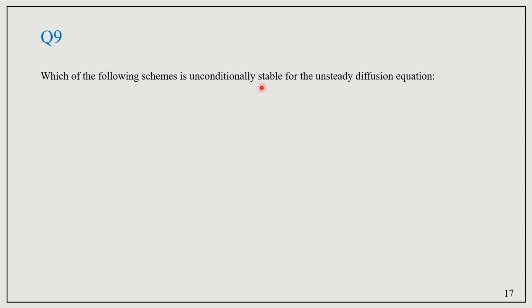Most explicit schemes will be conditionally stable. If the scheme obeys this particular condition, it will be stable. If it doesn't obey it, it will become unstable. But most implicit schemes will give rise to unconditionally stable systems.